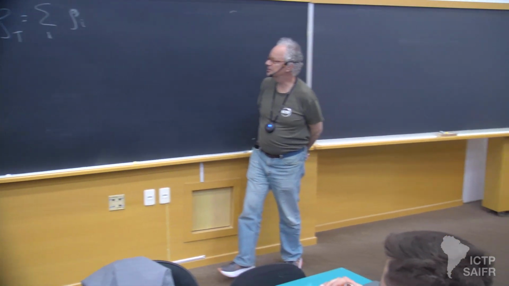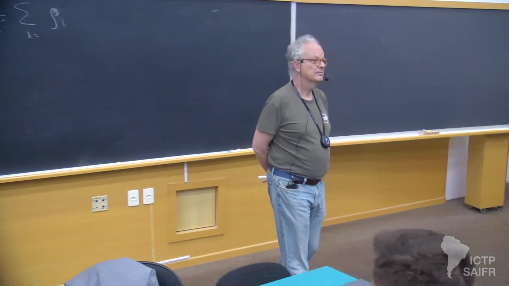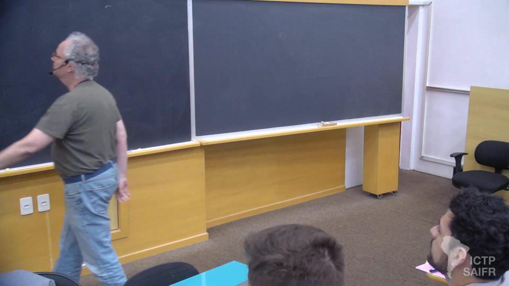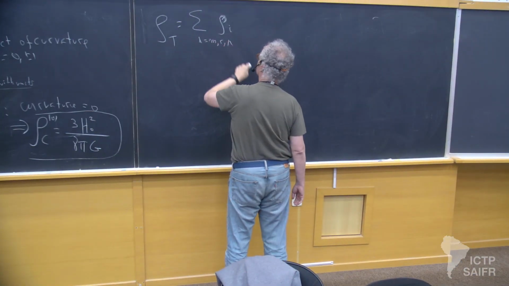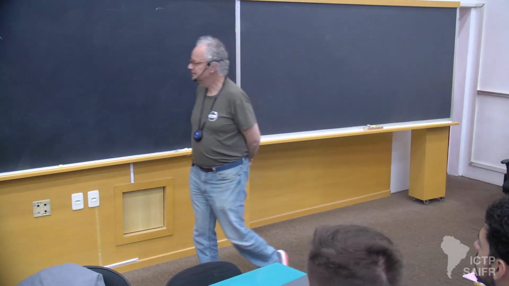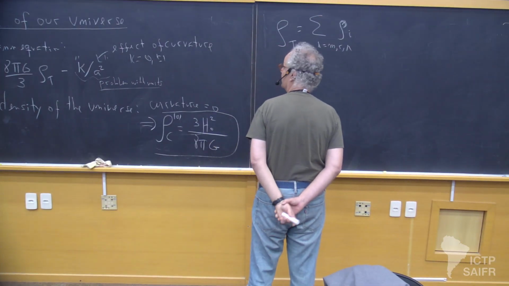So what are these different components? So basically it's matter, radiation, and the cosmological constant. Okay?